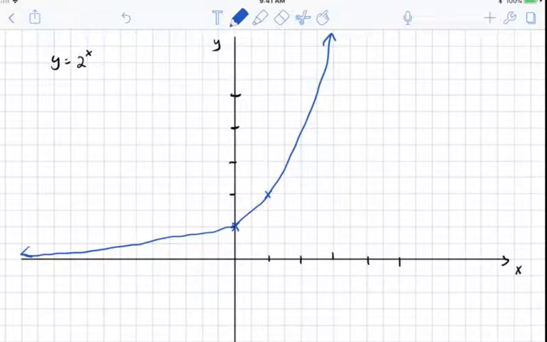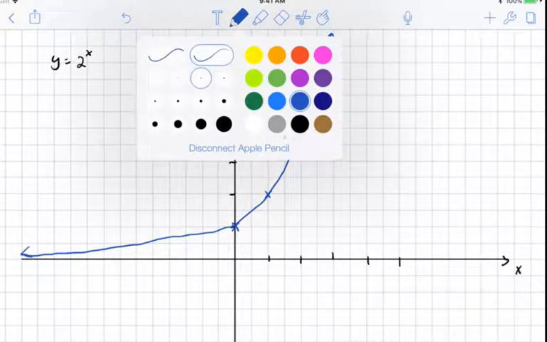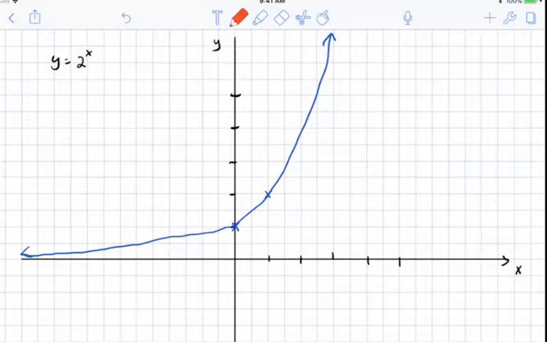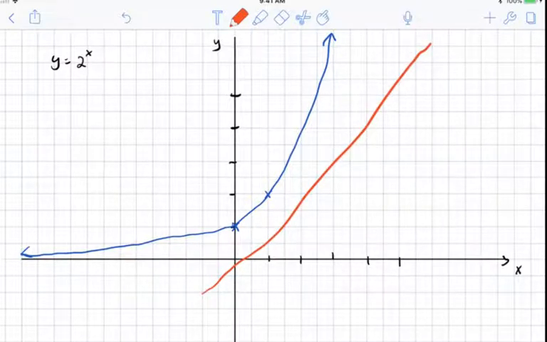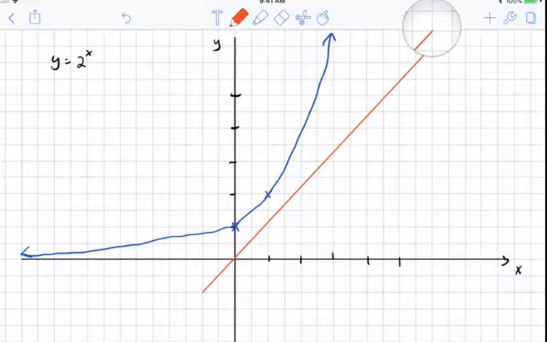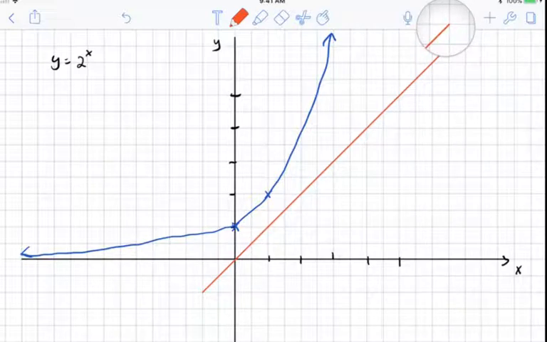Cool. Okay. I want to draw the inverse of this. What's the easiest way to draw the inverse? It is to draw the line y is equal to x, and draw its reflection in it. Okay?